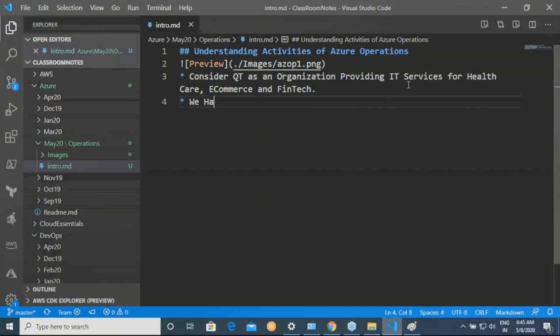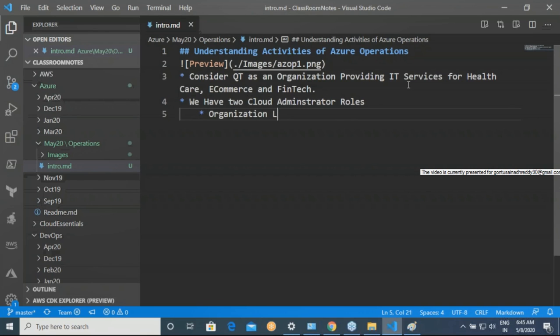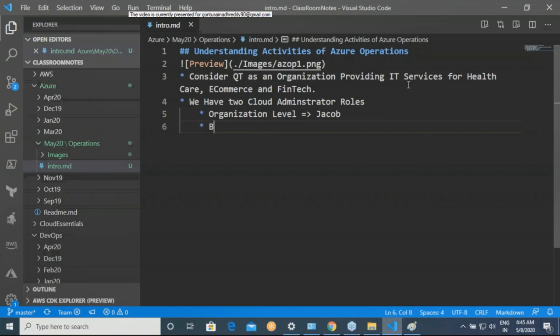So we have two cloud administrator roles, okay, organization level. This is basically what Jacob is doing, and then business unit level. Okay. Jane.